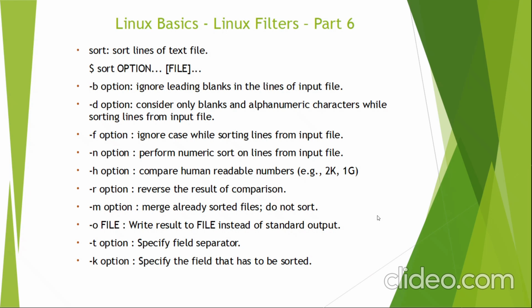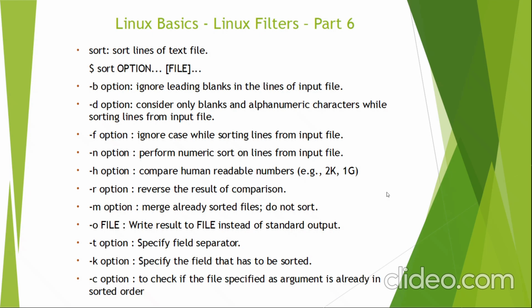Then the -c option checks if the file specified as argument is already in sorted order. This is a Boolean command, it would return either true or false. We will be seeing how it works. Let us start working with all these options of the sort command.